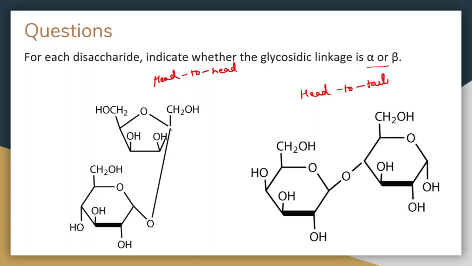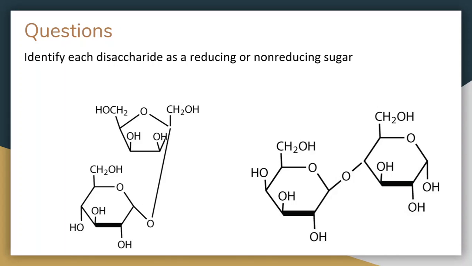Is this alpha or beta? This is alpha 1, beta 1. Over here this is beta 1. This other one is not required because over here it is anomeric carbon, this is C1, this is C4. So over here alpha 1 beta 1 glycosidic linkage is present.